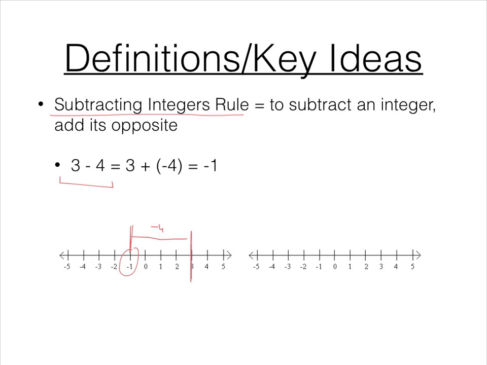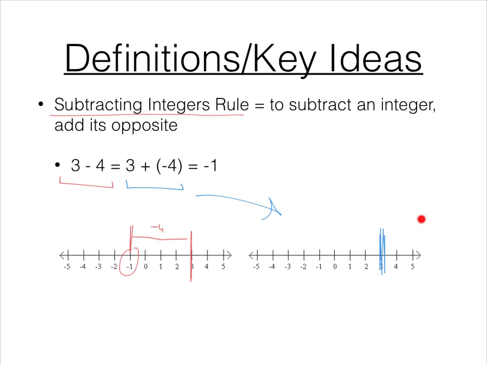Now, if I think about it on this hand, 3 plus a negative 4 over here. We'll do that one this way. Again, I'm going to start at 3. Adding, typically if I'm adding a number, let's say adding 2, I would go in this direction.